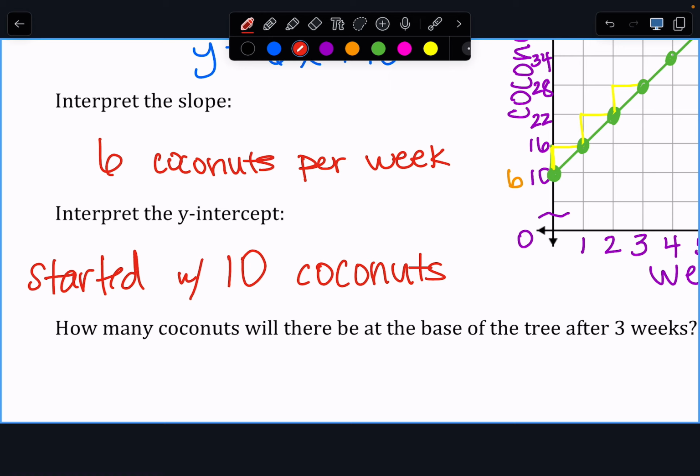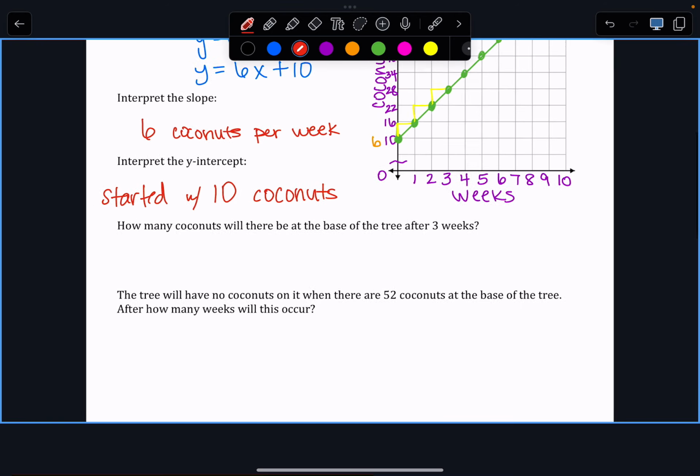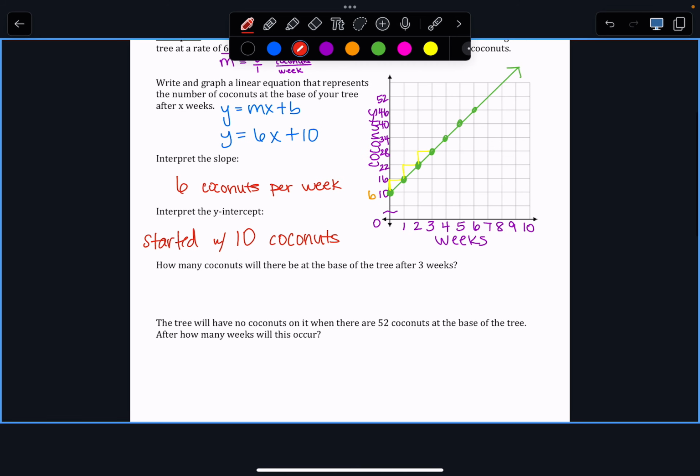Now, we can do 2 different things to help us with these next 2 questions. Okay? How many coconuts will be at the base of the tree after 3 weeks? Hey, do you see a 3 on our weeks? Yeah, right here.